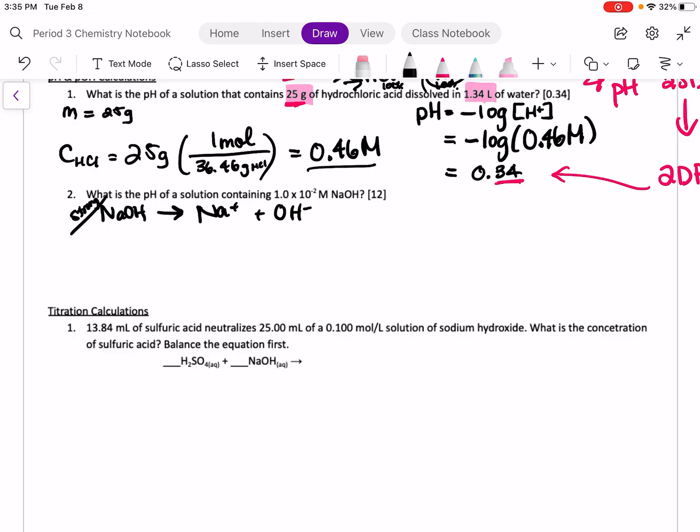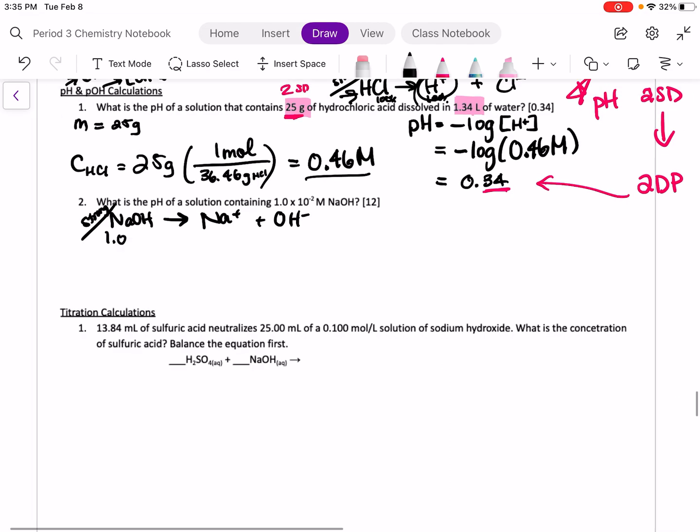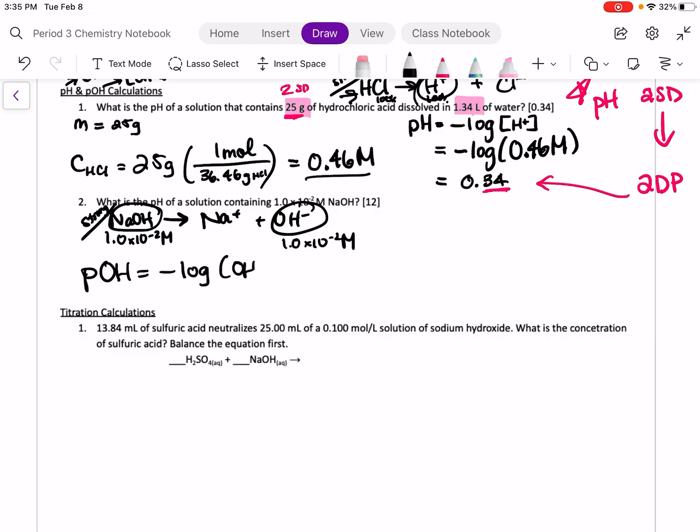I want to look at the pH of a solution. I know that I have 1.0 times 10 to the negative 2 moles per liter of sodium hydroxide. I'm going to have the same concentration of my hydroxide ion. Since that is the case, I can calculate my pOH because again, it's measuring the concentration of hydroxide.